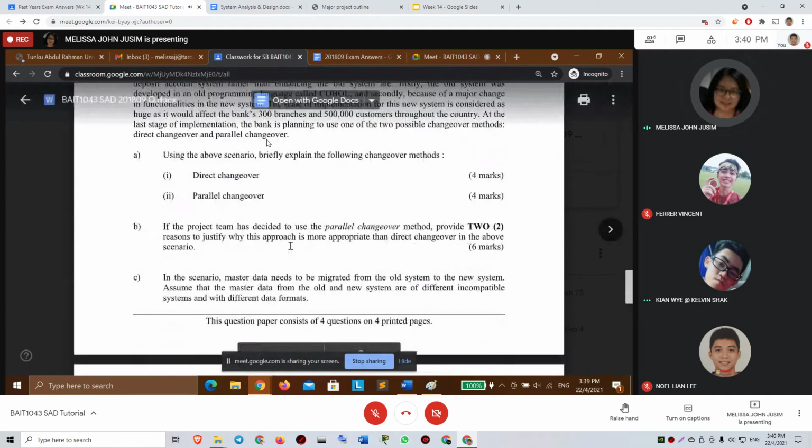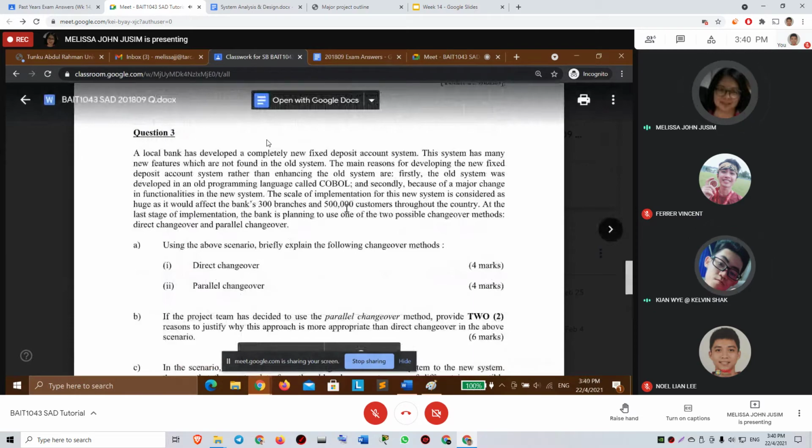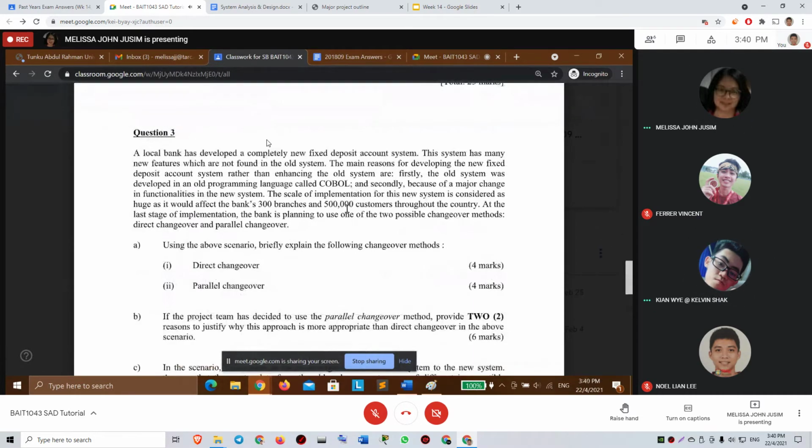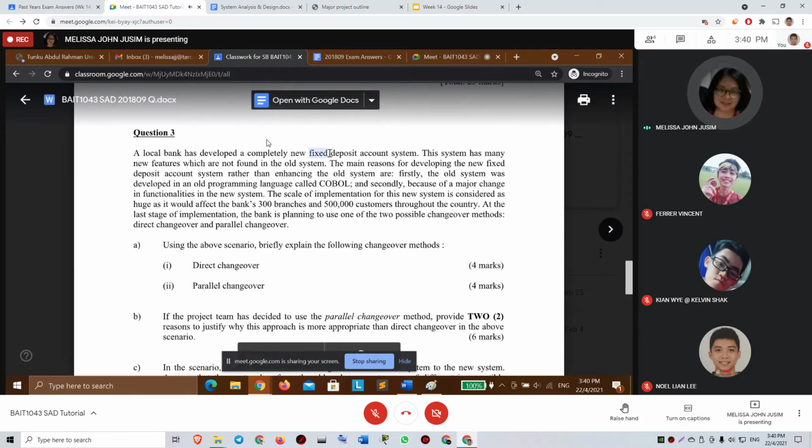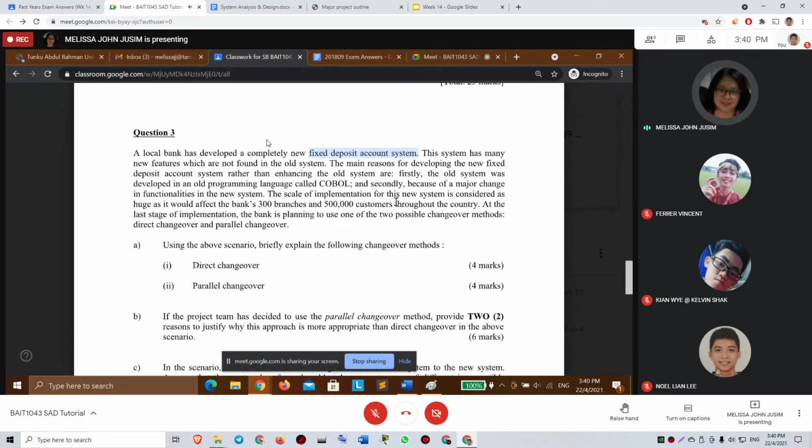I've seen this question before. When you just turn on, you just ask if anyone can do. The question is almost the same. This time it's a fixed deposit account system. Just now it was a savings account system, and this time only 300 branches, and the previous one is 500 branches.